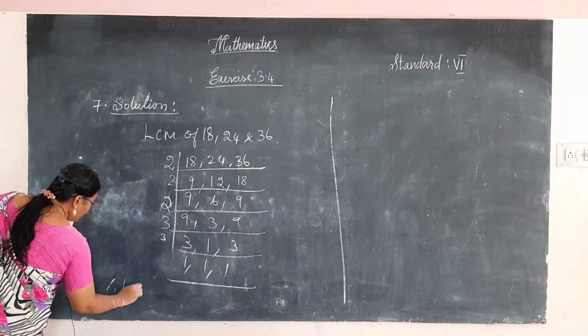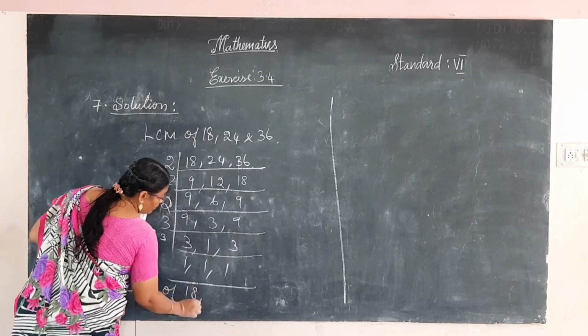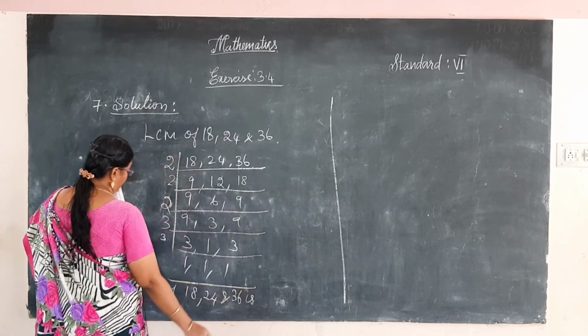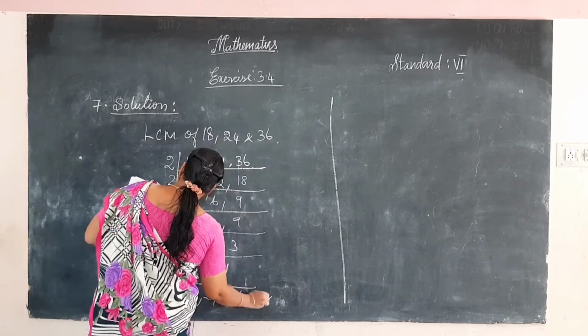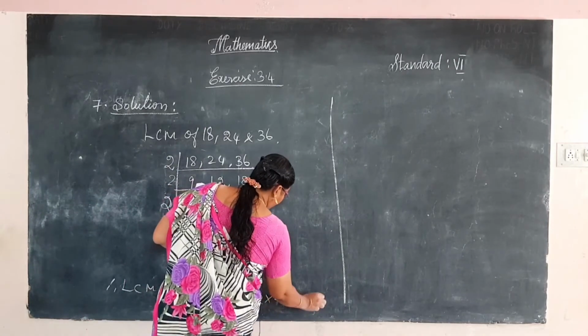Therefore, LCM of 18, 24 and 36 is 2 into 2 into 2 into 3 into 3.